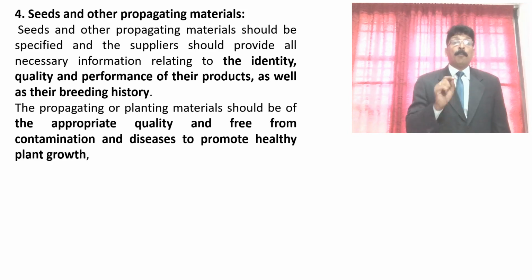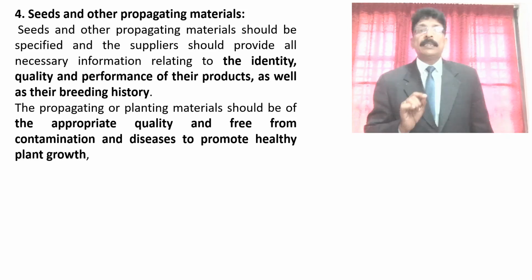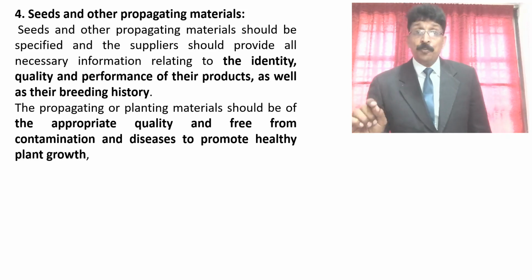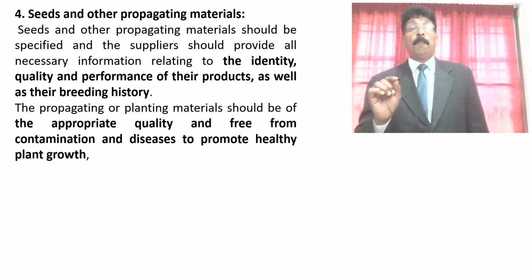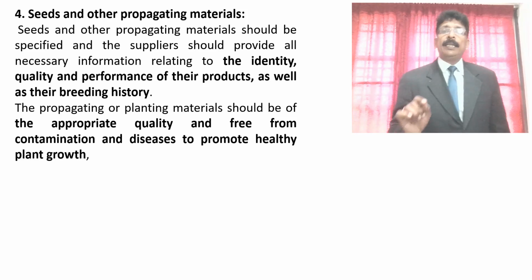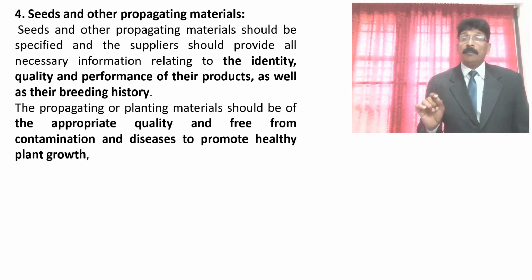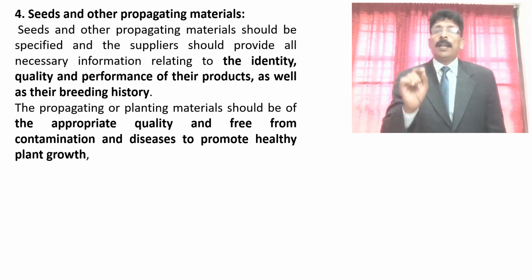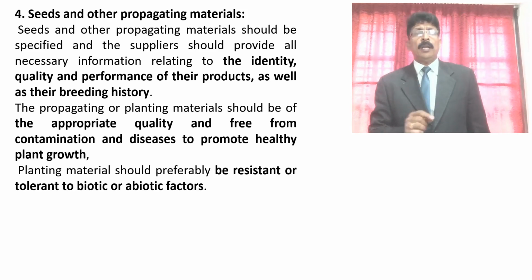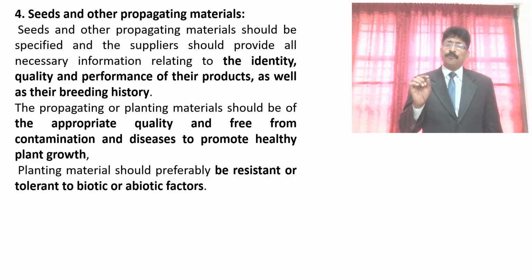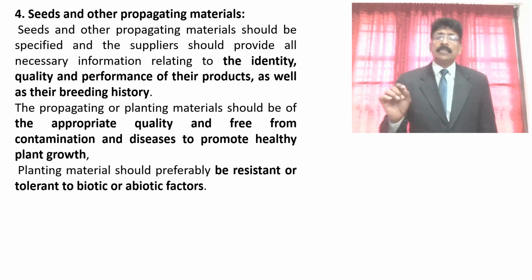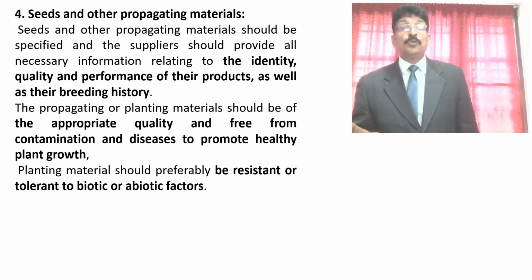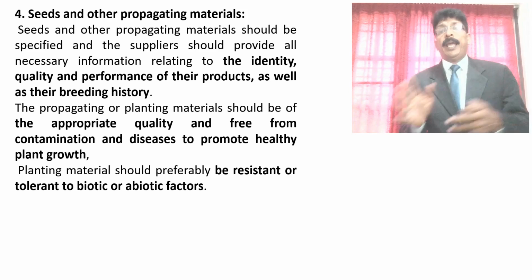The propagation or planting material should be of appropriate quality and free from contamination and diseases to promote healthy plant growth. Plant material should preferably be resistant or tolerant to biotic or abiotic factors.